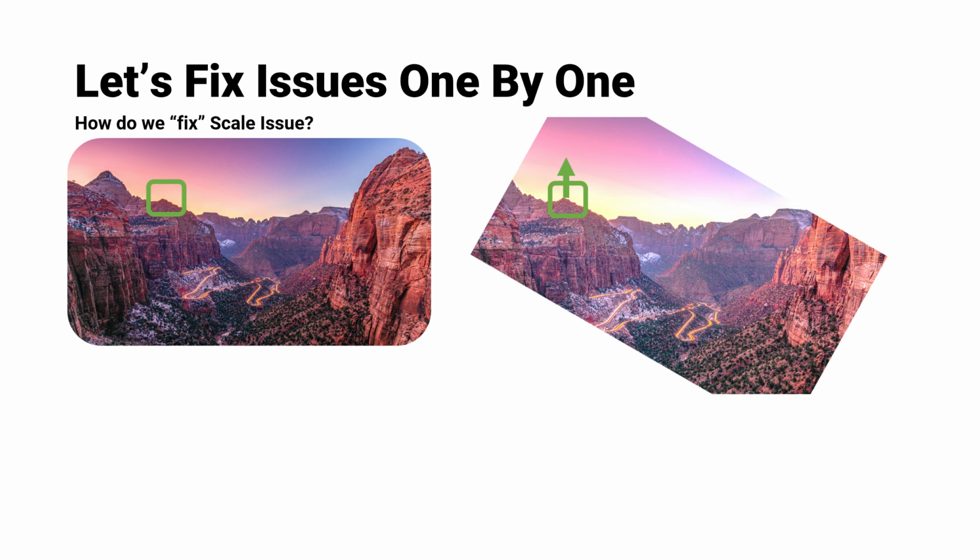Now to fix the scale issue, we can zoom the image in and out and select the one which matches most to the image on the left, right? We have seen the concept of scale space, and we can use something like that. If you do not remember the concept of scale space, I urge you to refer to a couple of videos prior to this.